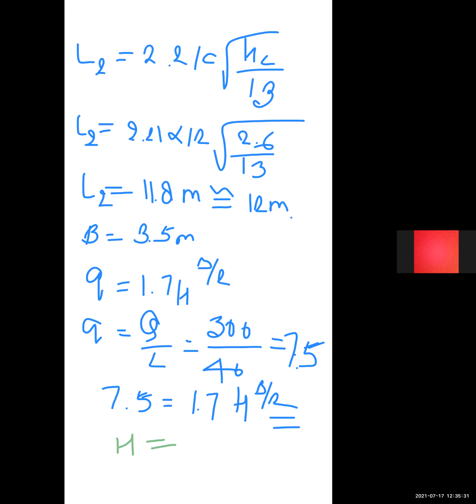So H is equal to how much? We can solve it. H equal to 4.41 to the power 2 by 3. So by solving this value, we can find the head over crest of weir, that is H equal to 2.68 meter.